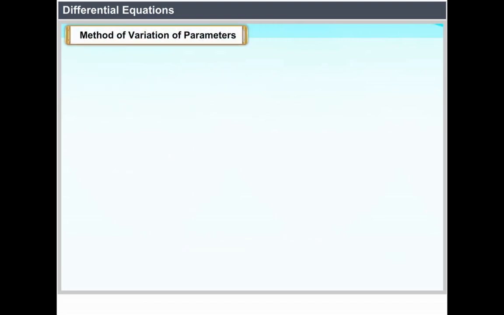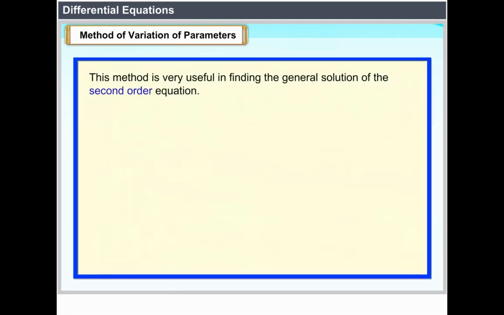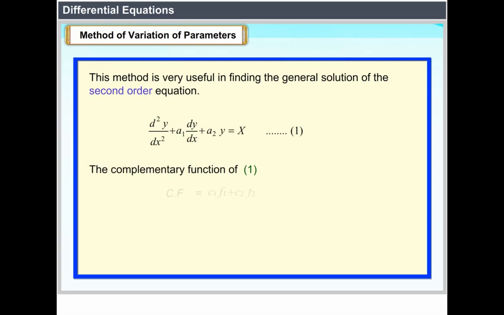Method of variation of parameters. This method is very useful in finding the general solution of the second order equation d²y/dx² + a1 dy/dx + a2 y = X, called equation 1. The complementary function of equation 1 is CF = c1 f1 + c2 f2, where f1 and f2 are functions of x.